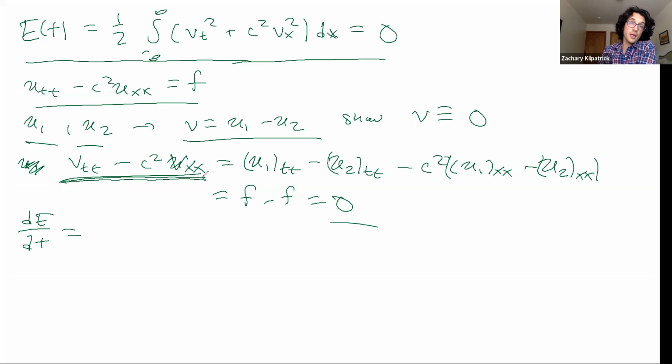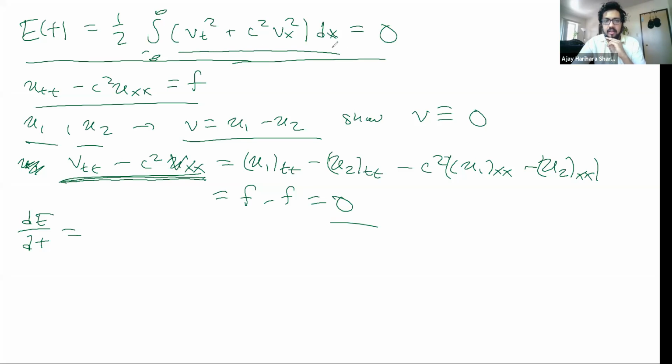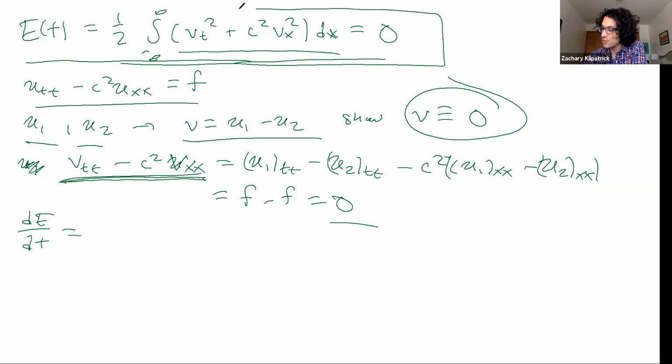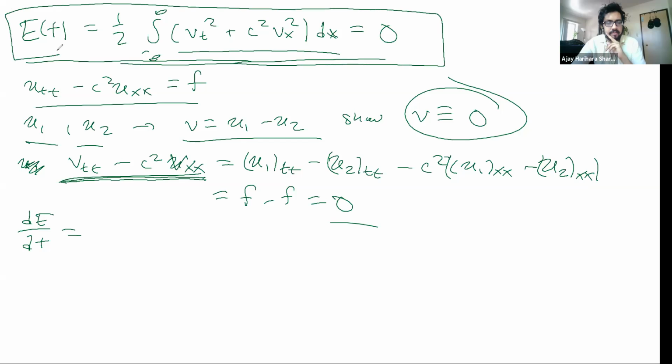Well, because we want an initial value problem for V, so that we want to know something about V so that we can use it when we look at our energy functional, right? Because at the end of the day, we want to show that V has to be equivalently 0. So the energy functional is relevant to V, right?